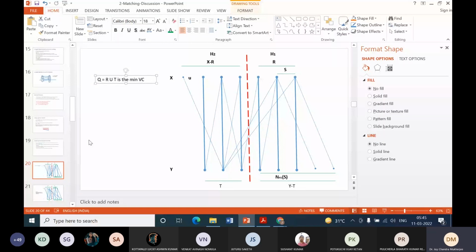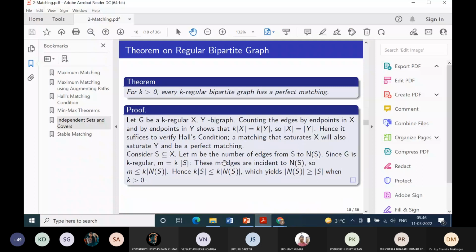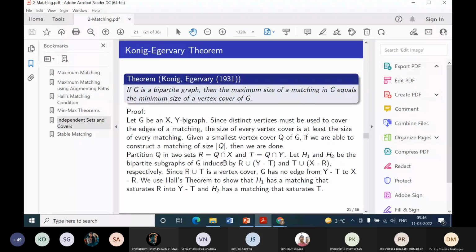Now what I do, I create... Now, T is the set of vertices from Y which is in the minimum vertex cover.